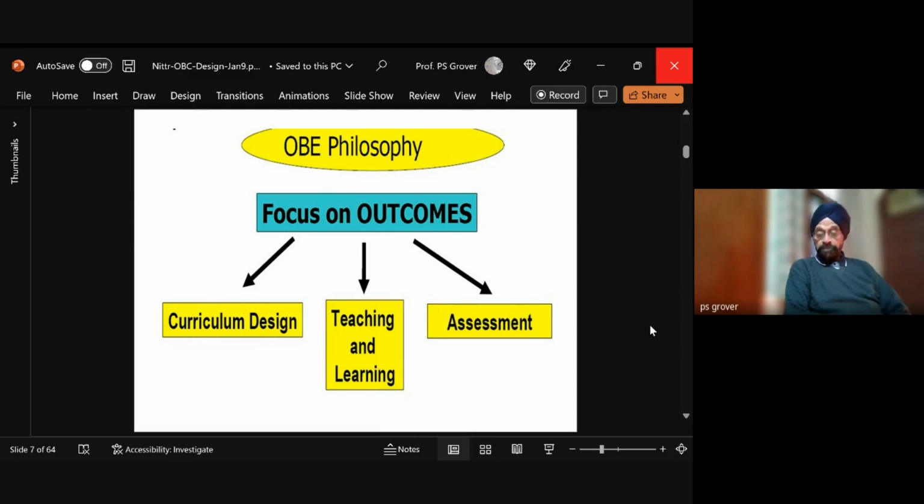Then also the assessment. Assessment is very important for the progress and learning of the student. Authentic or realistic assessment encourages the student and makes the student more confident. These are all decided by the kind of outcomes that we decide beforehand, and these are intended outcomes.